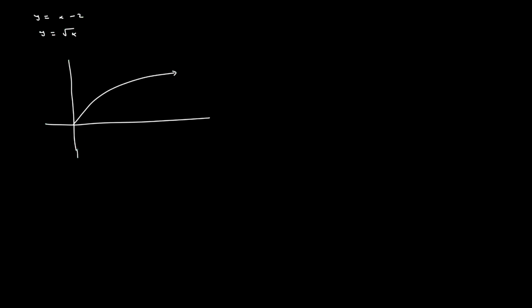So let's use the old example that we had. We had y equal to x minus 2, and y equal to square root of x. We already know that this function looks like this, and I told you that this intersects at x equals 4, and this intersects at x equals 2.